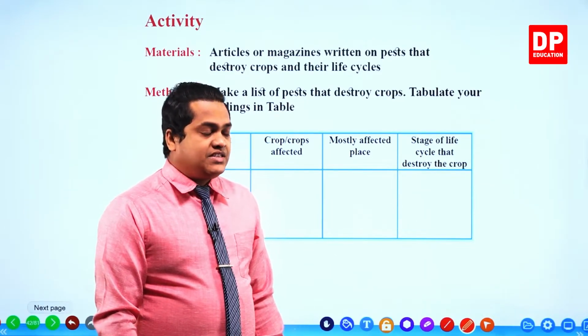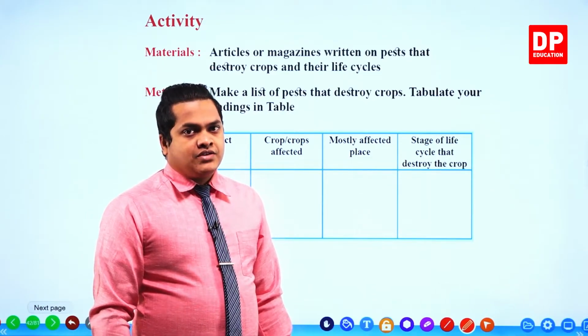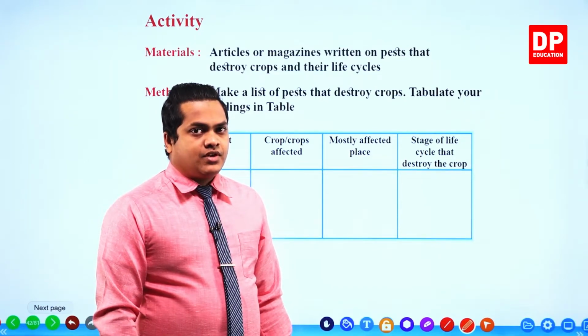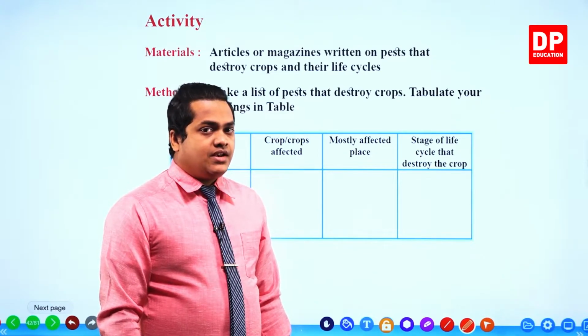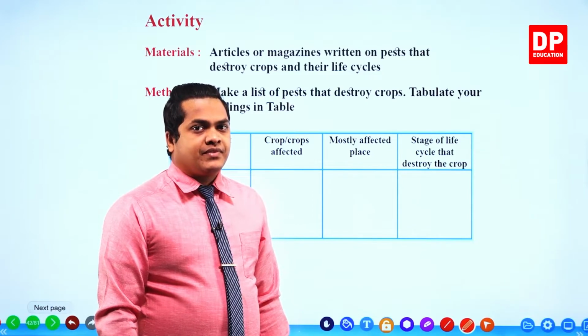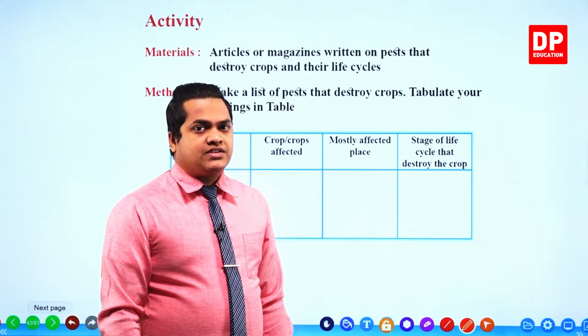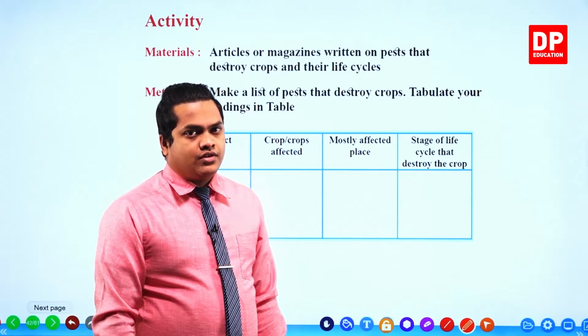So this is the table that you need to complete, my dear children. Before I complete the table, you go ahead and find out the details of these organisms, then try to complete the table. After that, when I discuss, check whether your answers are correct or not.